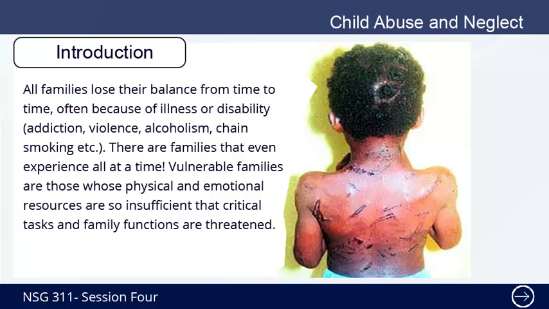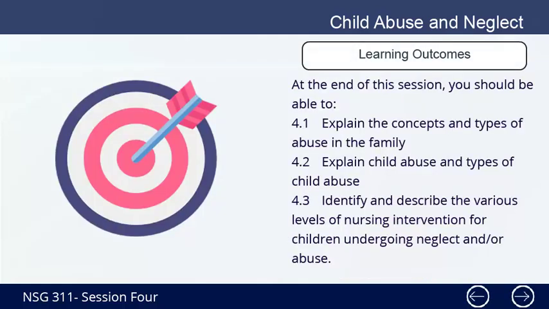Vulnerable families are those whose physical and emotional resources are so insufficient that critical tasks and family functions are threatened. In this study, you will learn about child abuse and child neglect and the roles a nurse can play in addressing the situation.